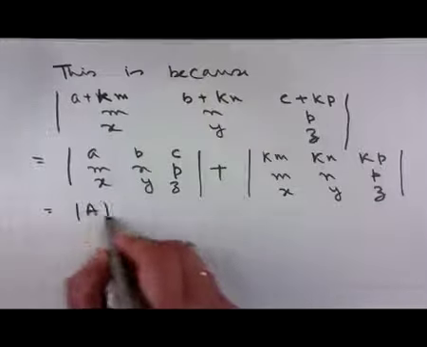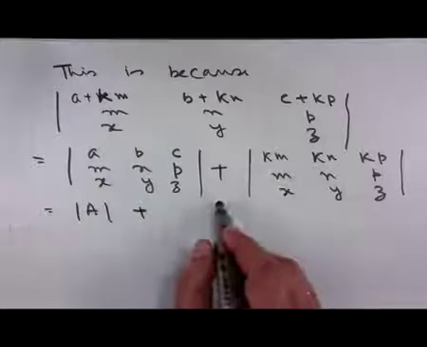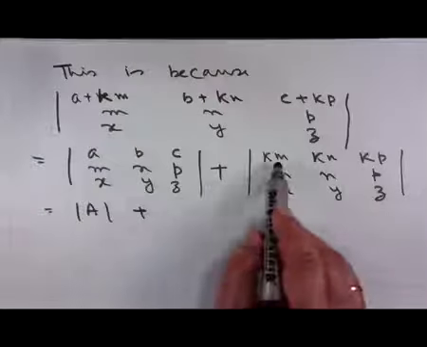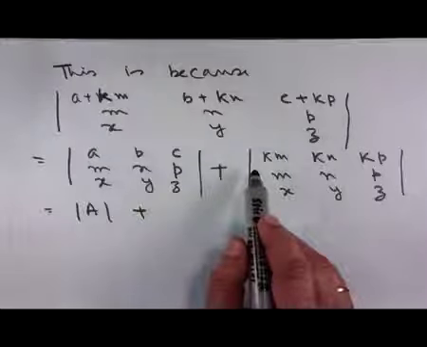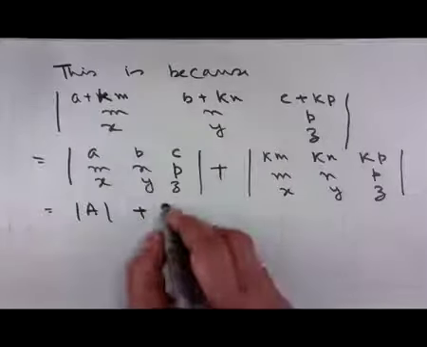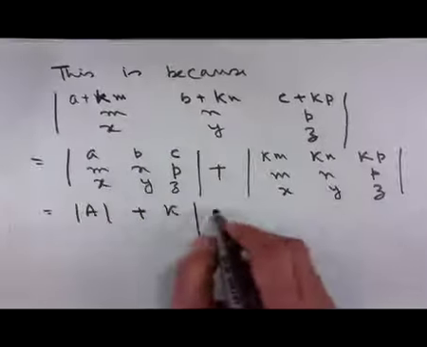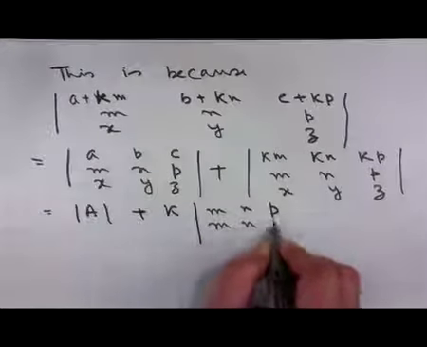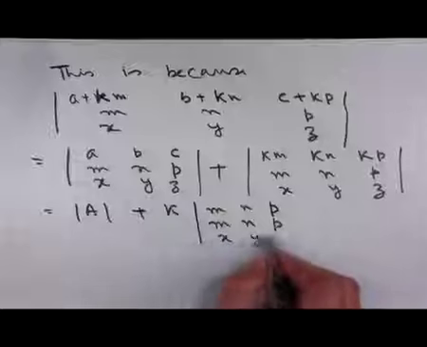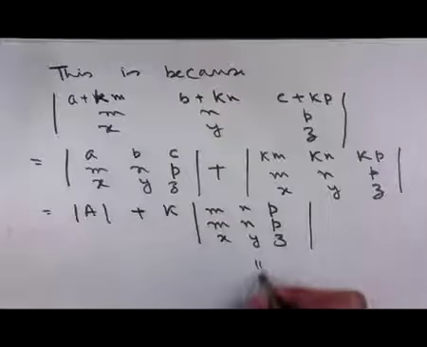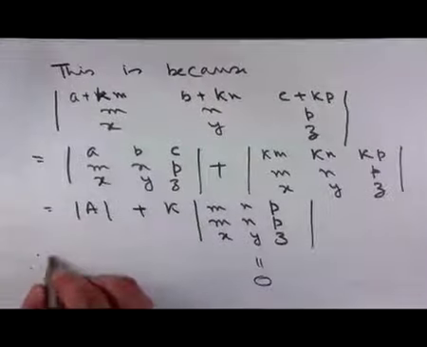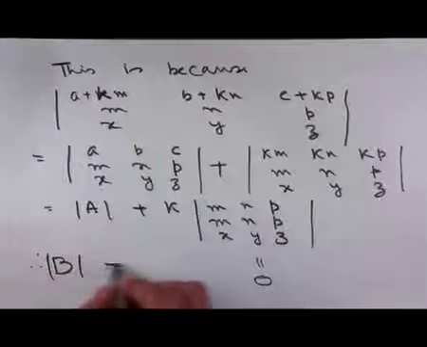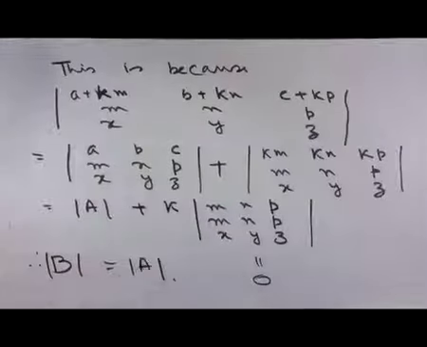We know that if all the elements are multiplied by the same constant, then we can take the constant out. So, we can write it as k times the determinant of m, n, p, m, n, p, x, y, z, and this becomes 0. Therefore, the determinant of B is equal to the determinant of A.